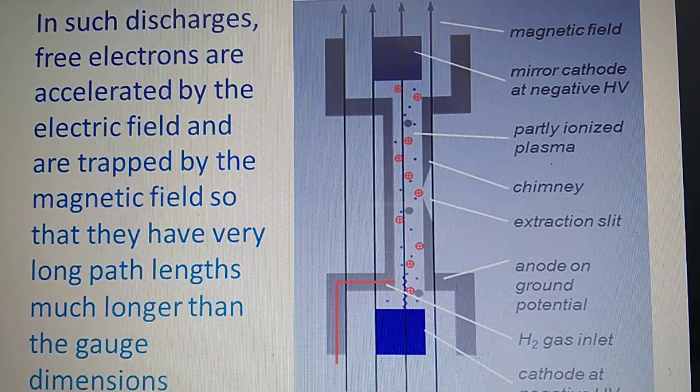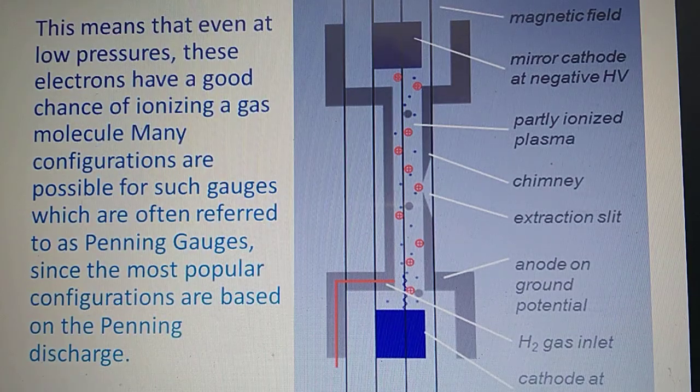In such gas discharge, free electrons are accelerated by the electric field and are trapped by the magnetic field, so that they have a very long path length, much longer than the gauge dimensions. This means that even at low pressures, these electrons have a good chance of ionizing gas molecules.